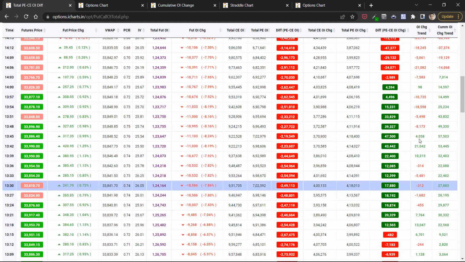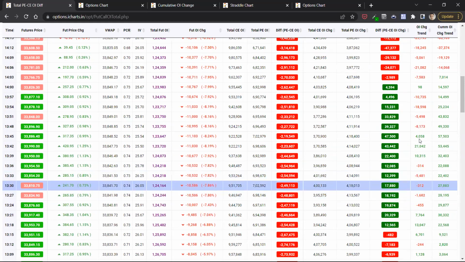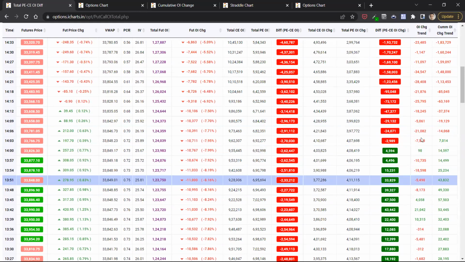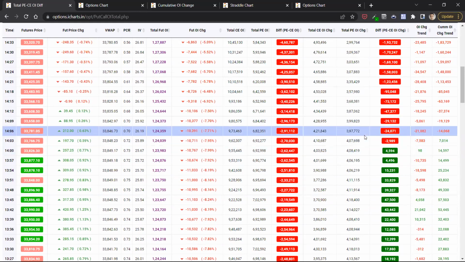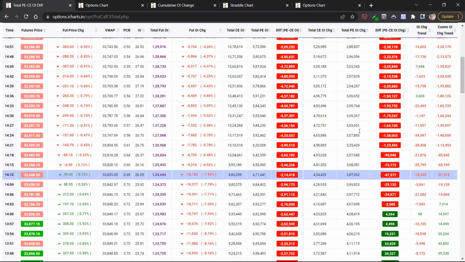If you just see negative like this and there is no unwinding happening here, in fact build up has happened, so this is not significant. You need to see negative here and then unwinding here, and only then is there panic happening, and then the prices can go down.